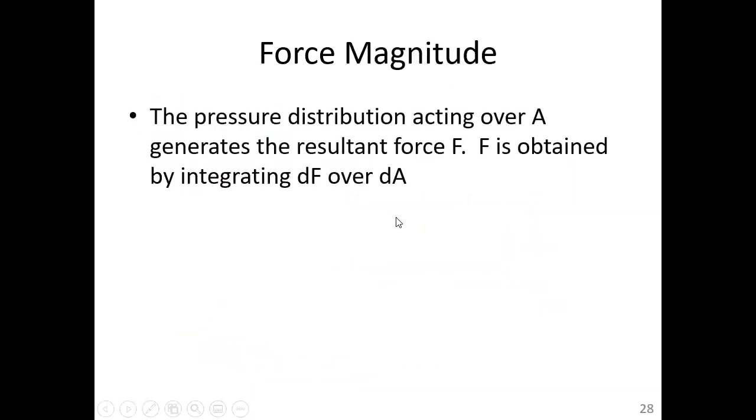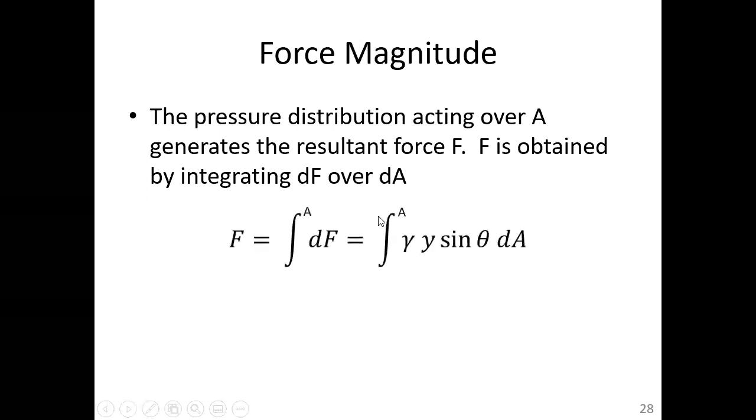So the pressure distribution acting over the surface area A has a resultant force F. F, the resultant force, is obtained by integrating all the little differential forces dF over all the little horizontal strips dA. So the resultant force F is equal to the integral over the area of all the little dFs.